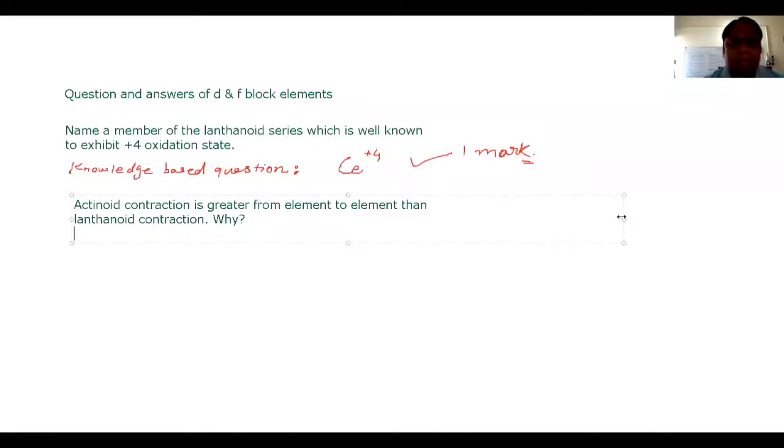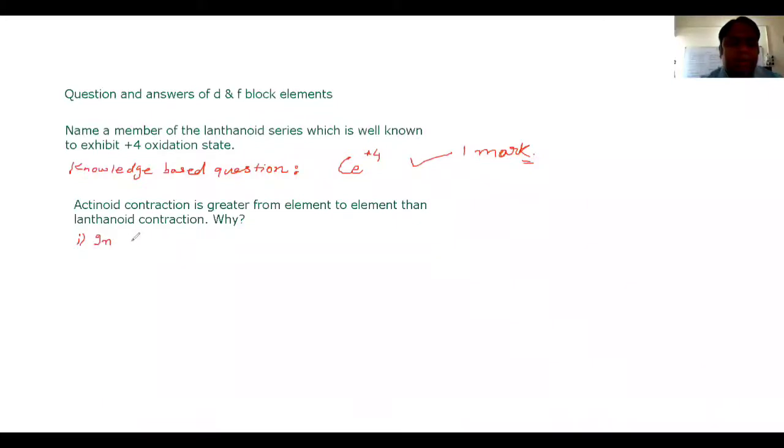The question is why actinoid contraction is greater from element to element than the lanthanide contraction. Okay, so let us write the answer in points.